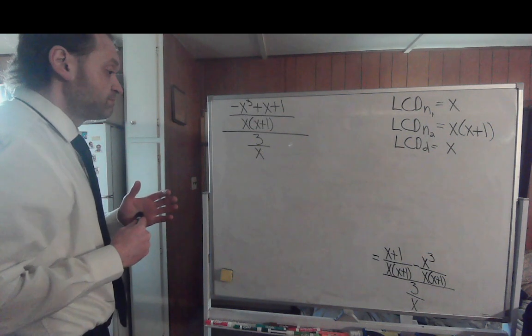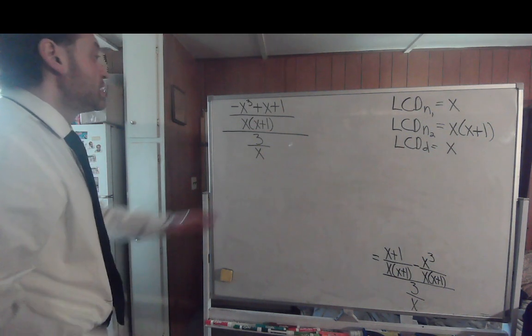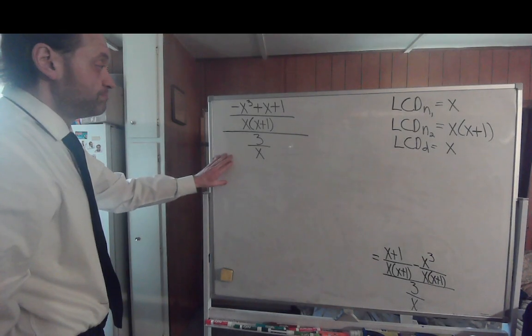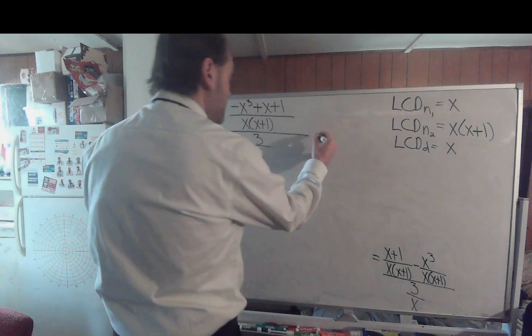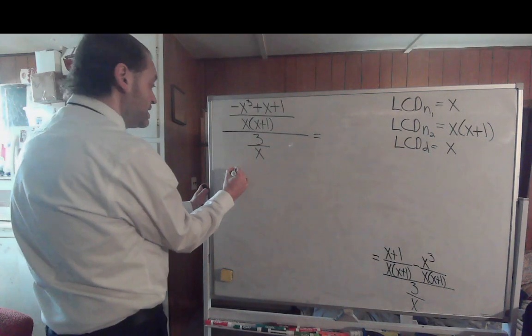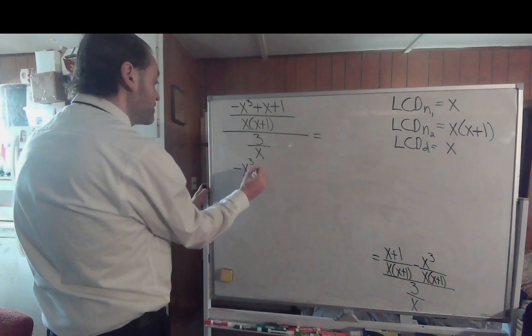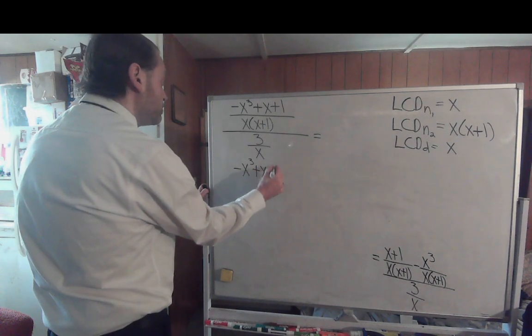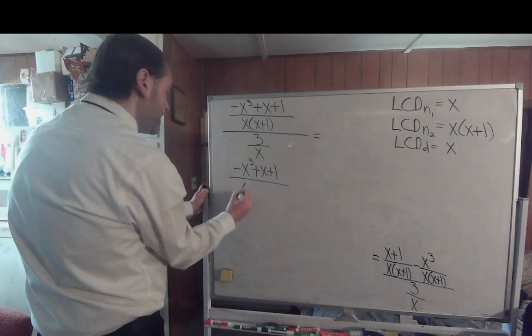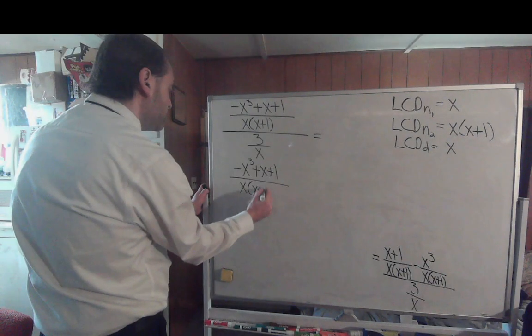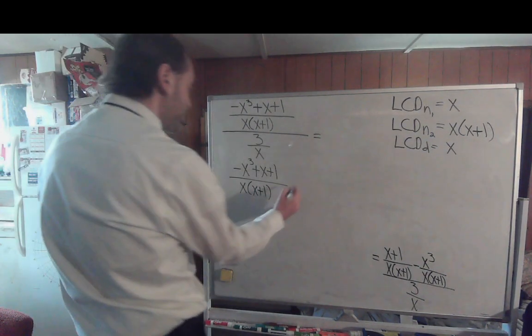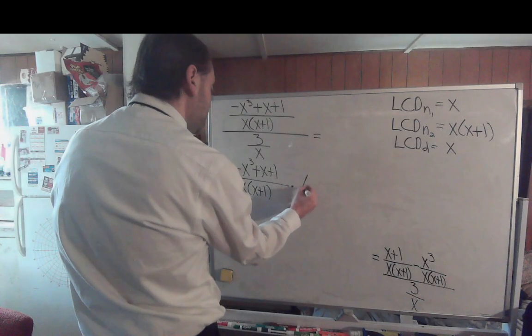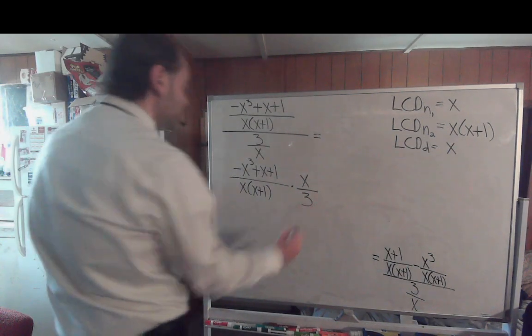So, all we can do now is invert and multiply. So this will turn into negative x to the third plus x plus 1 over x times x plus 1 times x over 3.